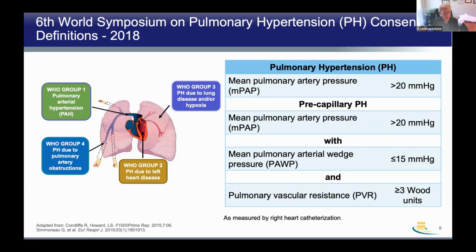And then fundamentally, it's the pulmonary vascular resistance that is the disease itself, and in this setting, greater than 3 Wood units. And you can see over on the left panel the different groupings based on the World Symposium. And here we're going to be focusing predominantly on group 3 disease in the setting of interstitial lung disease.